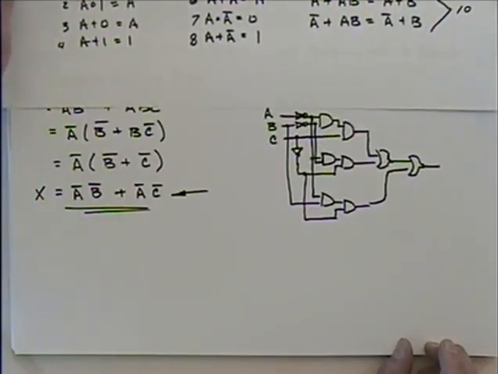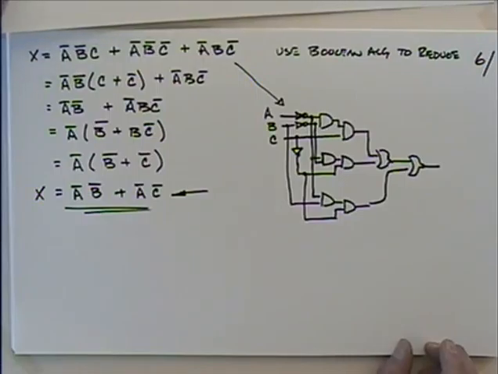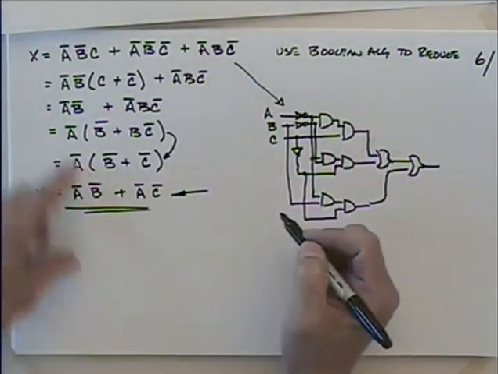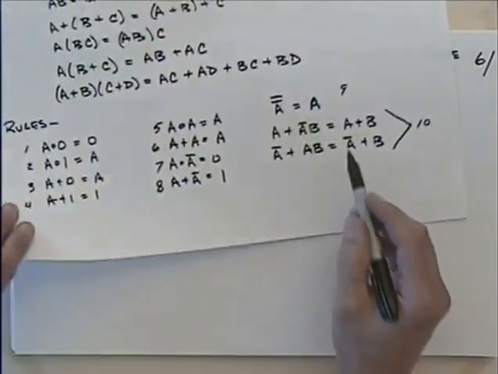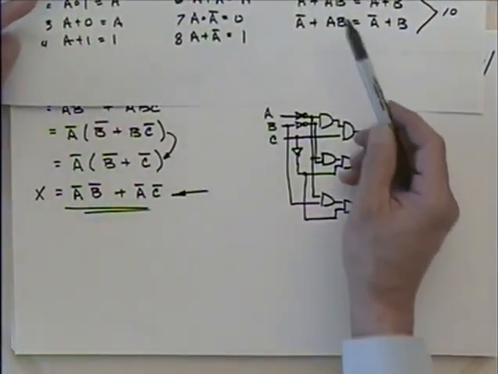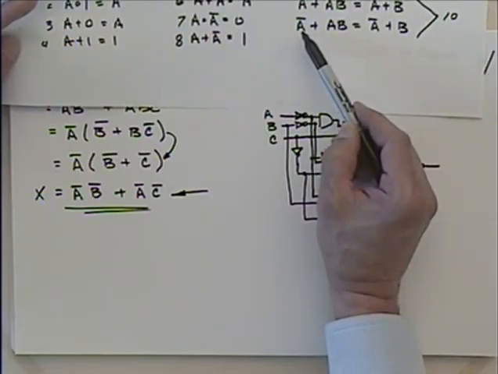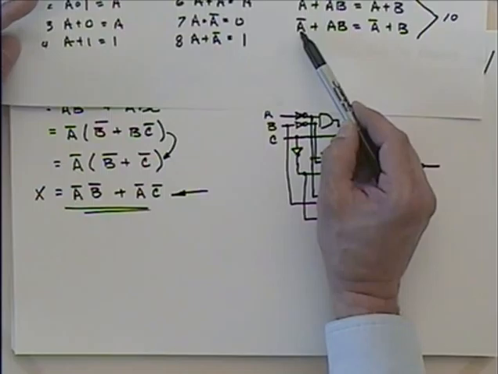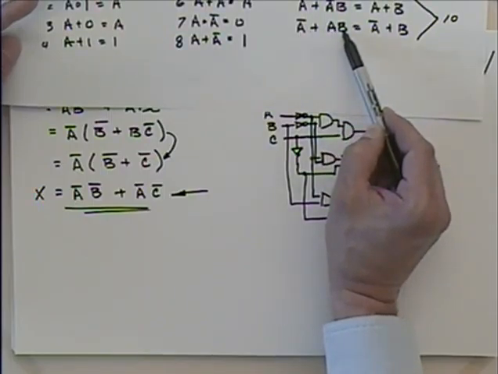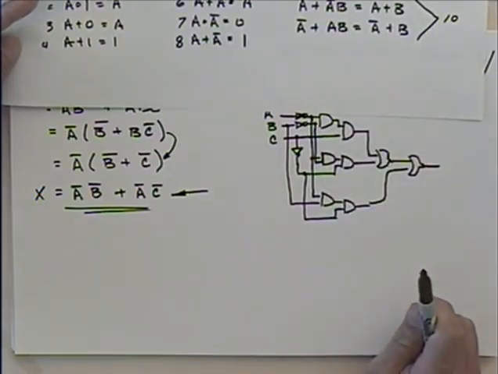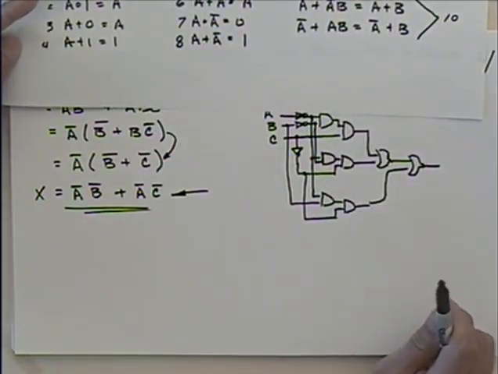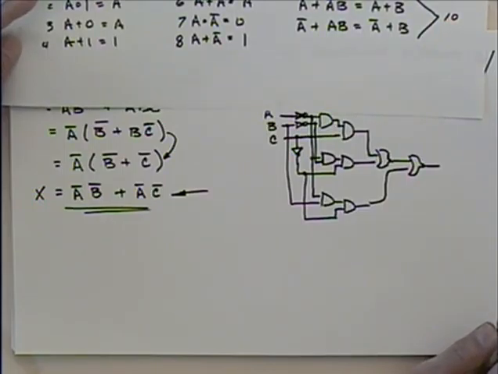Going from here to here? Yes. It's this rule here. Let's see. So if I switch my A for B and my B for a not C, that should work. Okay.